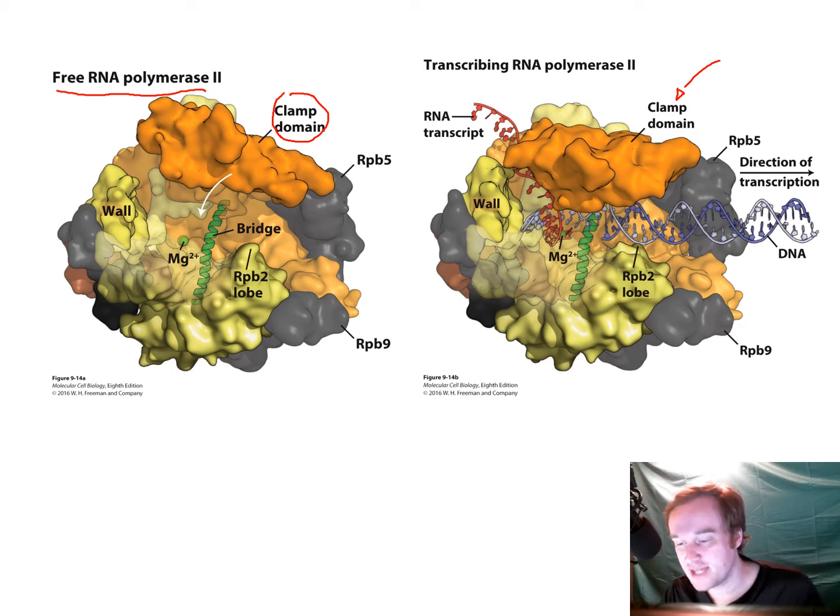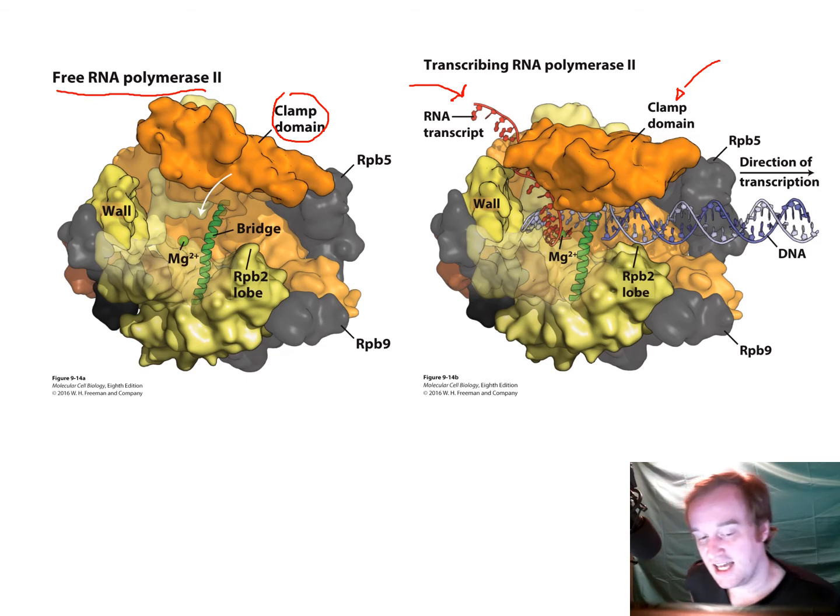It will trap that template DNA strand and the transcript as it's being made within the polymerase. Binding of this clamp domain to 8 or 9 base pairs of this DNA-RNA hybrid, so where it's actually being transcribed, may help couple the clamp closing to the presence of RNA.